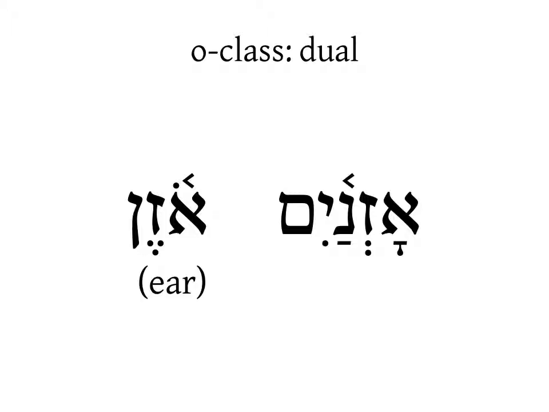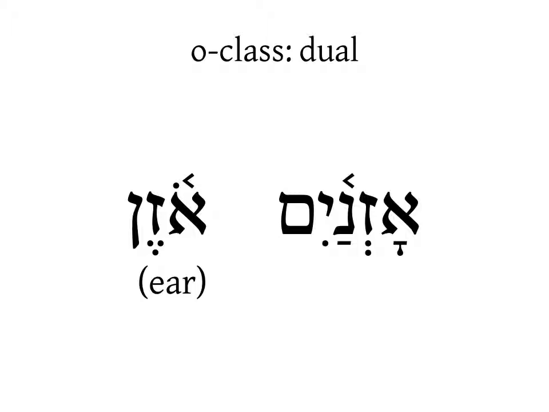If you have a cholem in a word in one form, and some sort of kamatz in the same place in that same word in another form, the kamatz will almost always be kamatz chatuf. At least it's a good guess. So ozen in the singular becomes oznayim in the dual form.